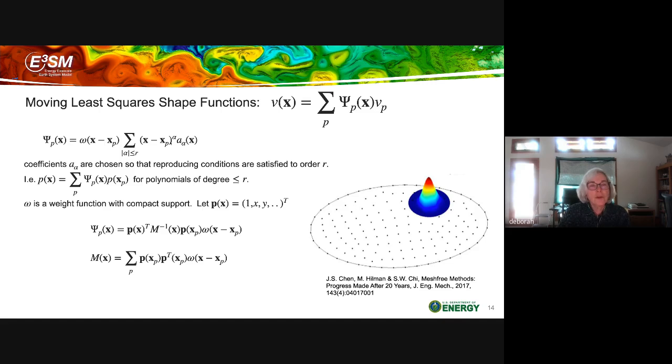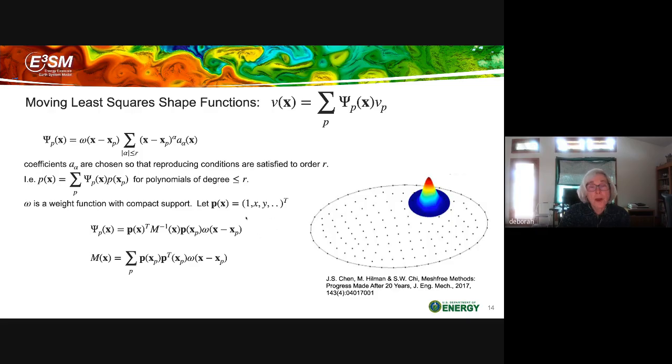And so these coefficients are determined. With moving least squares, you can write it as minimizing an energy function, but equivalently, you can pick the coefficients so that you reproduce polynomials of a given order exactly. And this is just a picture of what one of those shape functions would look like. The size of the footprint and the smoothness are controlled by this weight function.